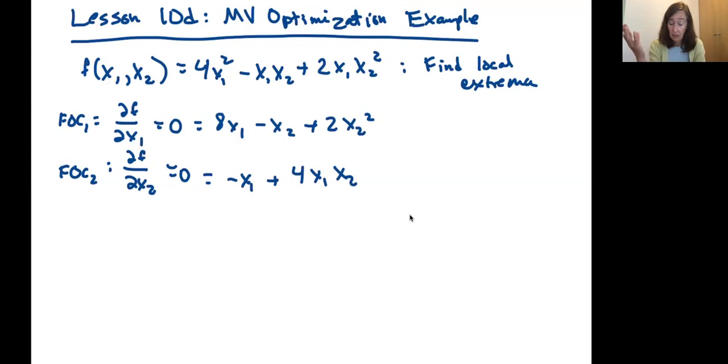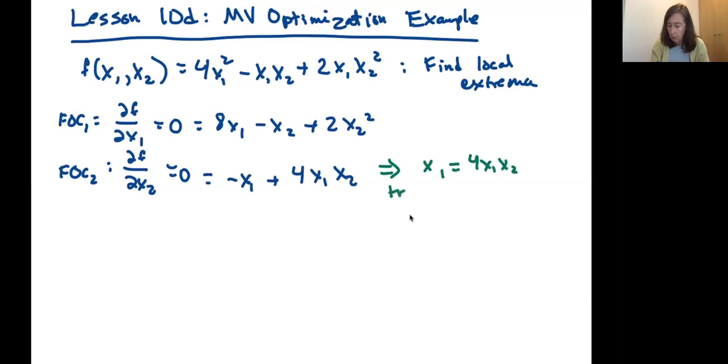Now I just need to find the values of x1 and x2 that make both of these things true, and I'm just going to solve them sequentially. So in a way, we're going back to these very basic skills that you worked on in Unit 1. I'm going to switch colors here to do my solving. In green, I'm going to first look at the second first order condition, which I'm going to rewrite as x1 equals 4 x1 x2.